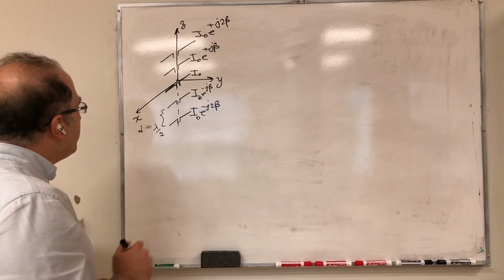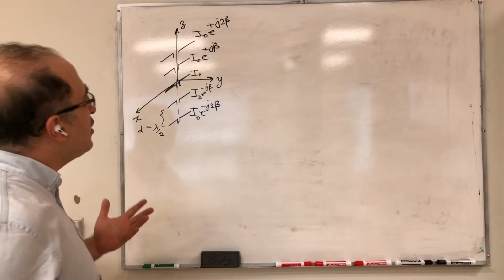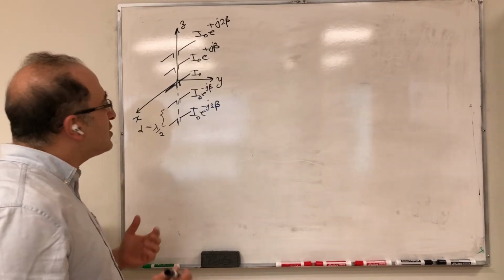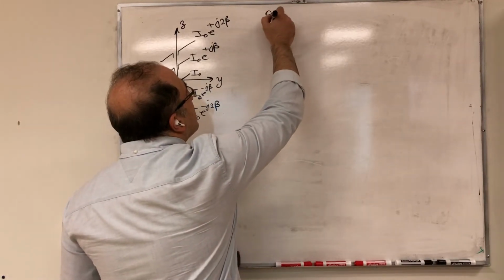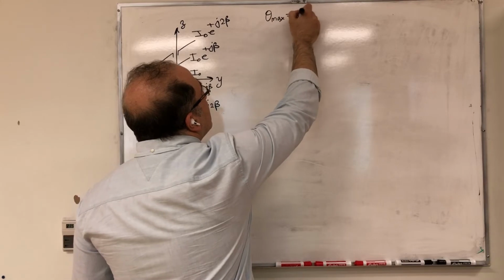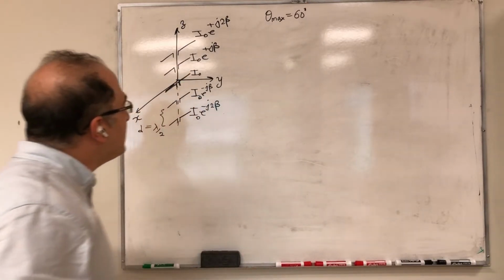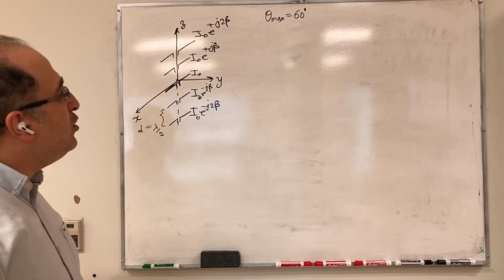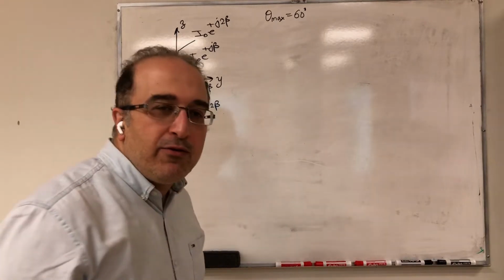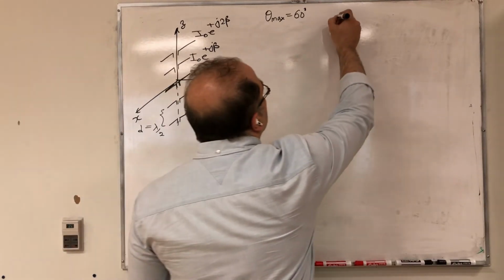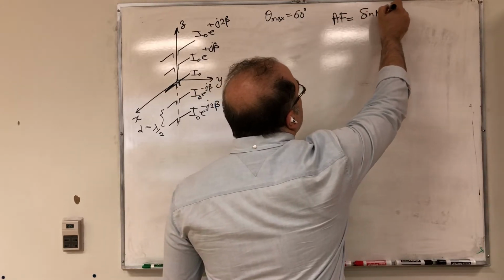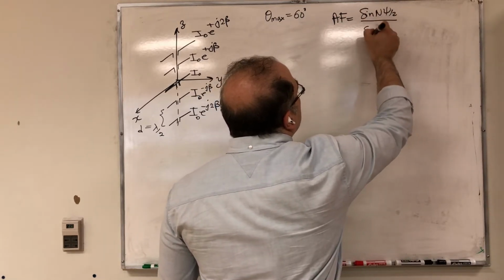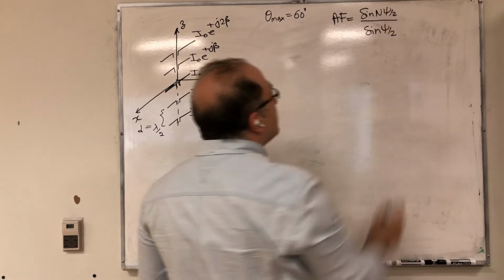So we have 5 elements. And let's say we want to find beta such that the maximum, the main beam, is essentially at 60 degrees. So let's start with that. Let's maybe first write the array factor. So the array factor is sine N psi divided by 2, sine psi divided by 2.